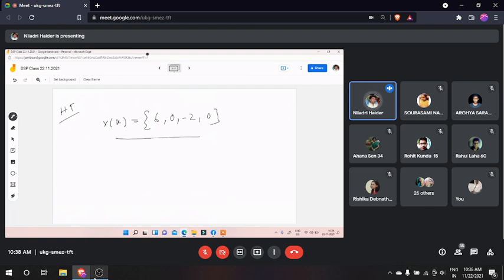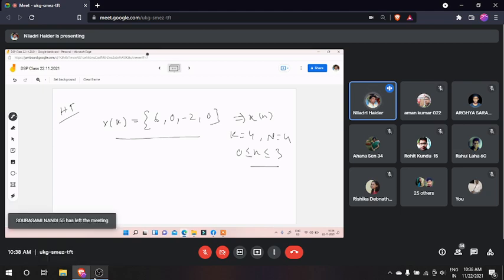If Xk is given, you need to calculate x[n] in the same way. You know the formula of x[n]. If k is of length 4, then n will also be of length 4, so small n will vary from 0 to 3.